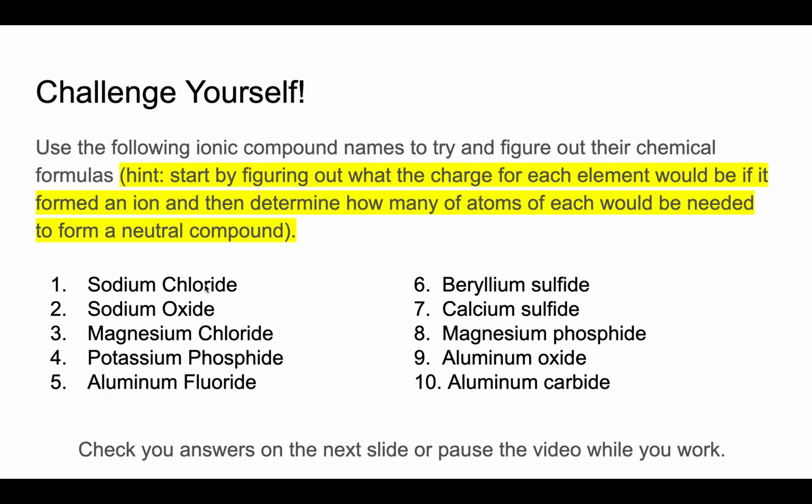It should end up with a negative charge. Chlorine's in the halogens. It has 7 valence electrons. It's going to gain 1, so it should end up with a charge of -1. So if sodium's got a +1, chlorine's got a -1, you should only need 1 of each of those atoms to make sodium chloride. So your formula should end up NaCl.